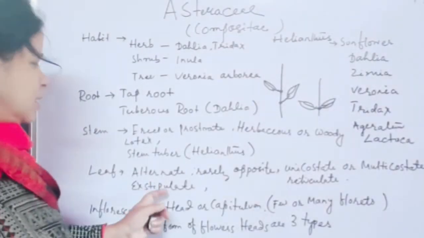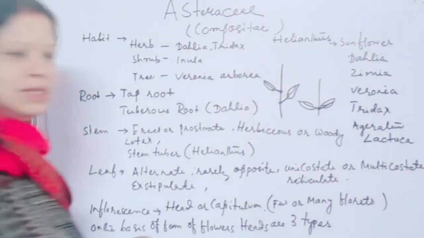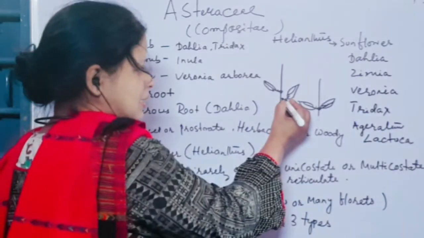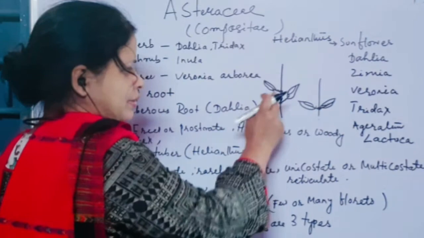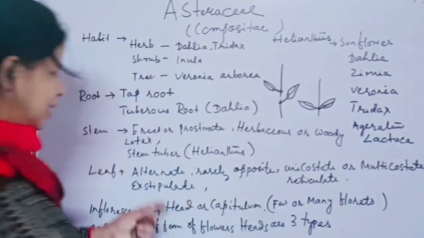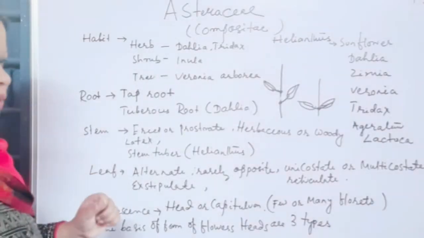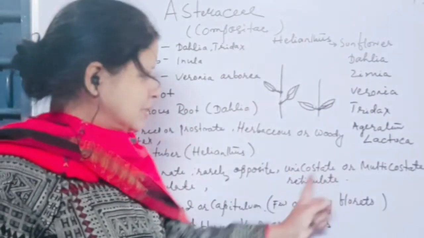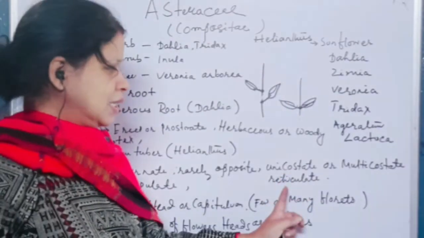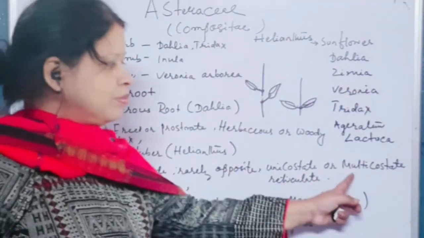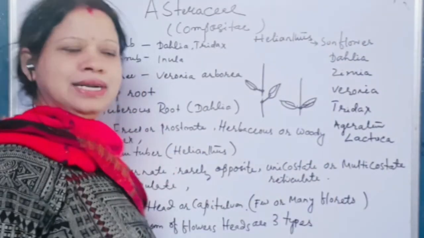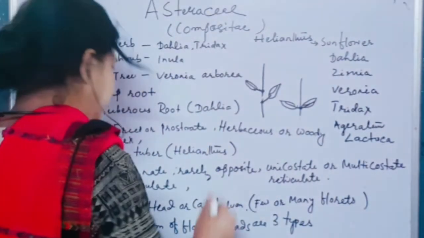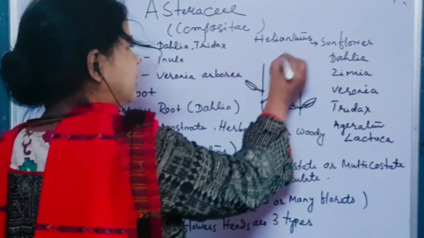Exstipulate or stipules absent. Stipule means any greenish outgrowth at the base of the leaf. Here the stipules are absent, so exstipulate. And leaf venation is unicostate reticulate venation or multicostate reticulate venation. Unicostate means single midvein.